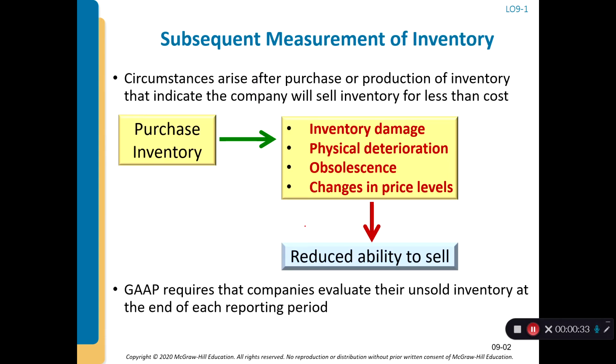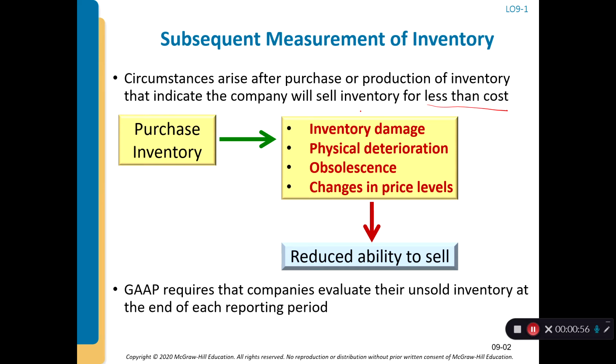Okay, so first of all, we want to talk about the subsequent measurement of inventory. Circumstances can arise after the purchase or production of inventory that indicate a company will sell the inventory for less than its cost. In that case, we want to figure out what we will do.